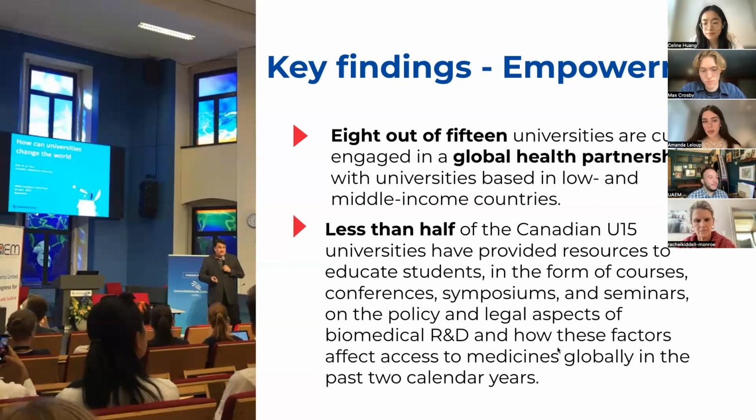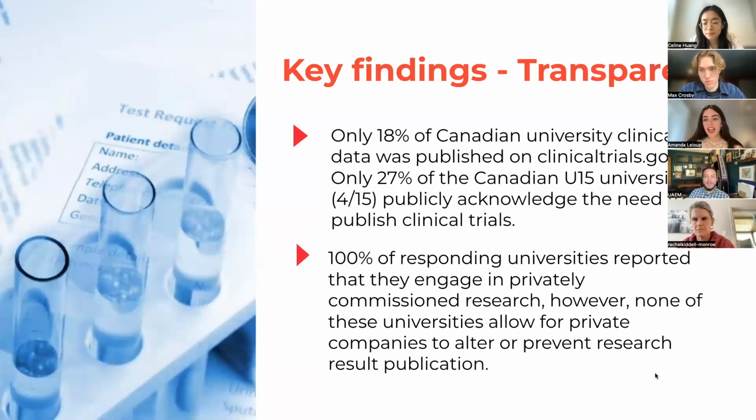Next, regarding transparency, only 18% of Canadian universities' clinical trial data was published on clinicaltrials.gov, which is the official Canadian government clinical trials tracker. Furthermore, only 27% of the Canadian U15 universities, or 4 universities, publicly acknowledged the need to publish clinical trials.